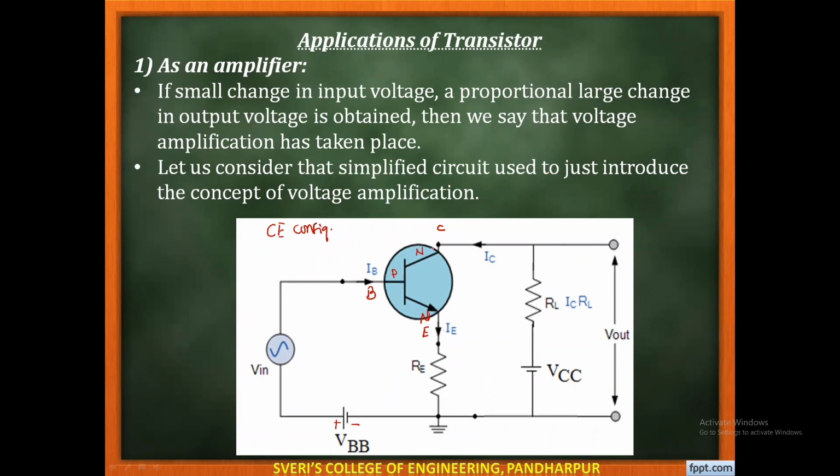And the collector to base junction is always connected in reverse bias, but as we want to make the emitter terminal common, the N region, the collector region, is connected in reverse bias to the positive terminal, and for the negative terminal we don't have that option, so we connect it to the emitter terminal through the load resistor RL, where we always check the output voltage.